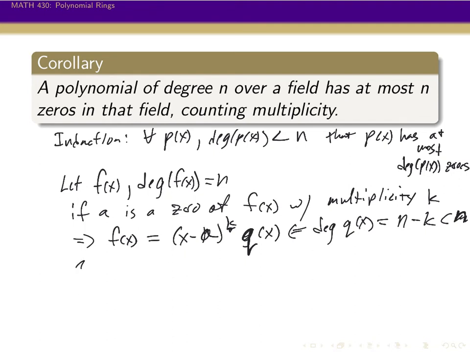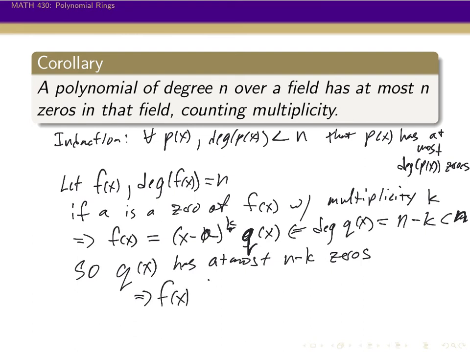And so by the induction hypothesis, q(x) has at most n minus k zeros with multiplicity. That means that f(x) has those zeros plus k more.